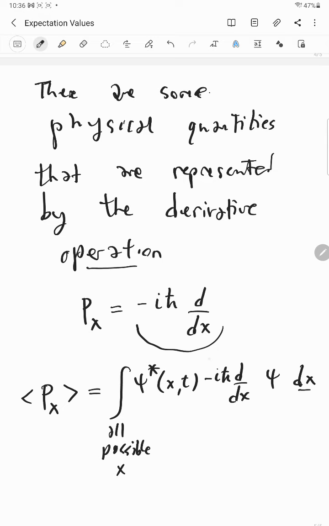The thing is, this operation is imagined to only act on psi, and psi star is always tacked on the left-hand side and is not operated on. So this derivative is going to hit the psi over here.